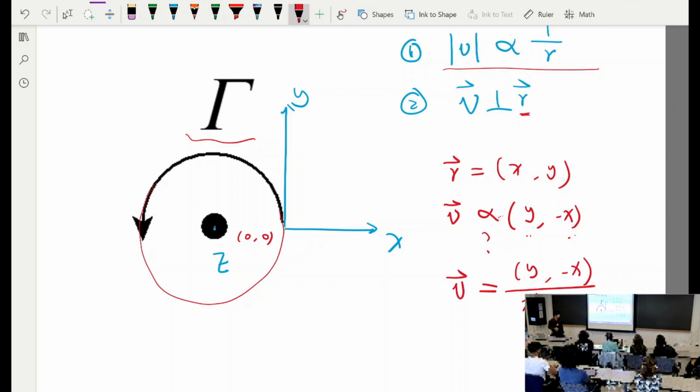So in our case, this velocity field has a magnitude of 1 over r. And if you integrate along the circle with a radius of r, what is the integral?